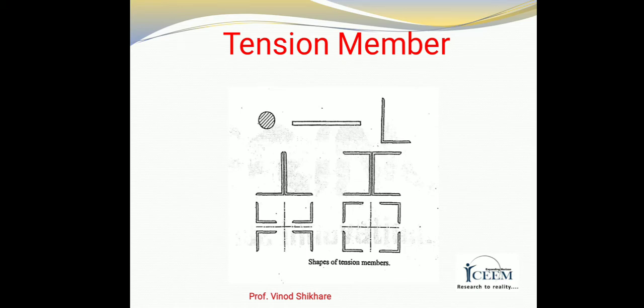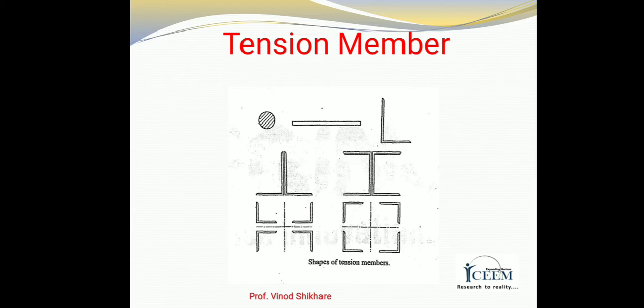However, if the gross area of the member yields over a major portion of its length before the rupture load is reached, the member may become non-functional due to excessive elongation. Plates and other rolled sections in tension may also fail by block shear of end bolted regions.